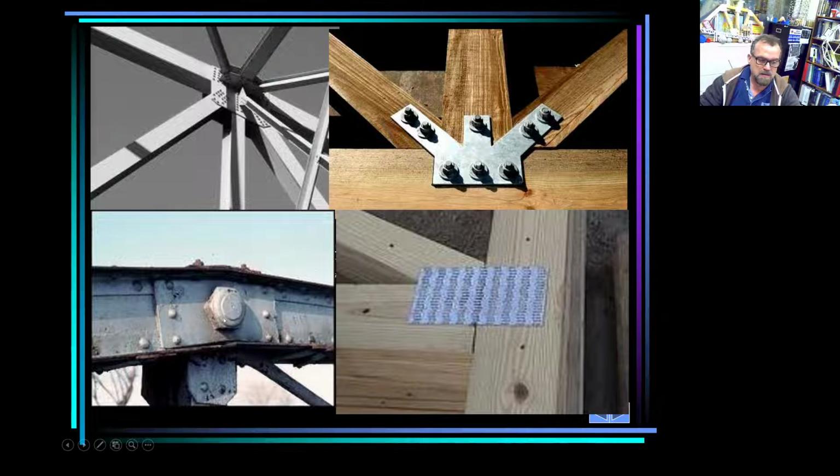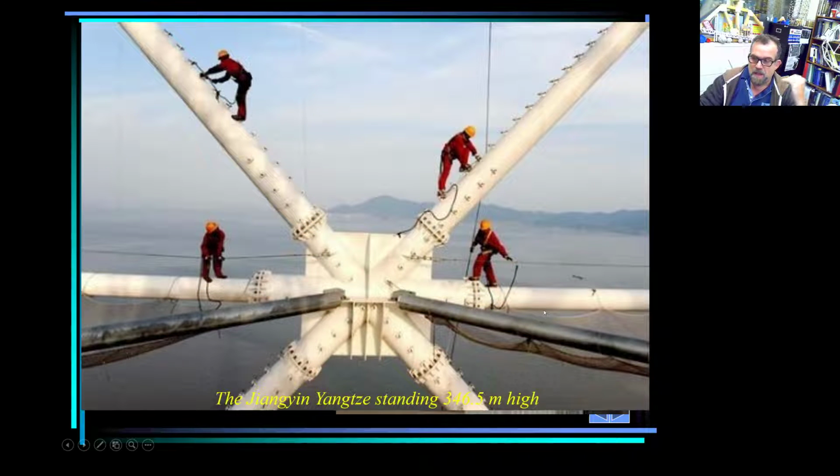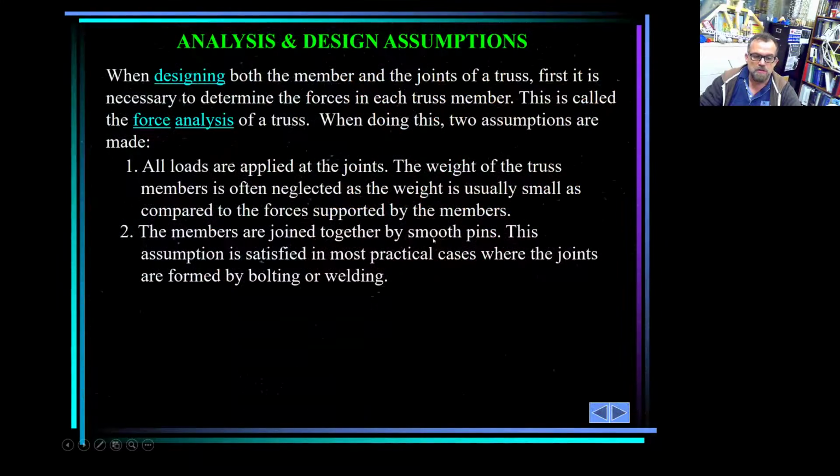This might look like a pin, more like a rusted pin than a pin, but yes, might look like a pin. But this is not a pin. This is not a pin. This is not a pin. Definitely not a pin. However, they behave like a pin, not like a smooth pin, but they behave like a pin because they allow some rotation to happen.